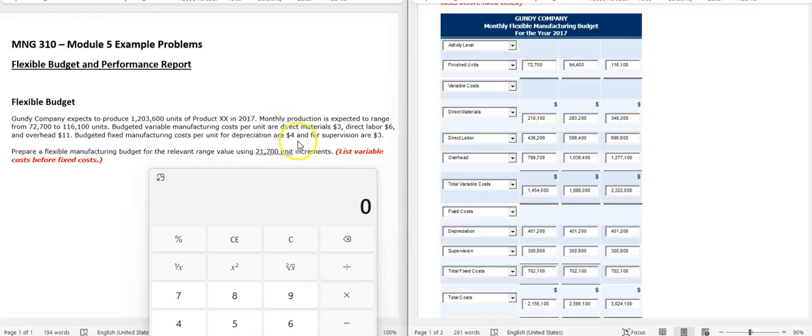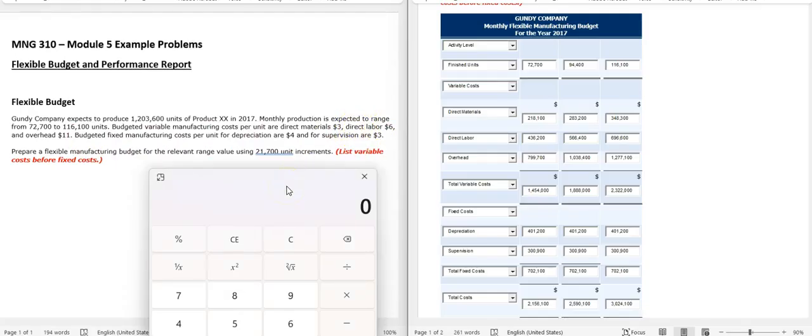Now we need to budget for the fixed costs they will anticipate to incur if they produce 72,700 units. The problem information had given us 1,203,600 units for an entire year. And based off of that expected level of production, which is their static budget or their original budgeted production, they have estimated depreciation at $4 per unit, supervision at $3.